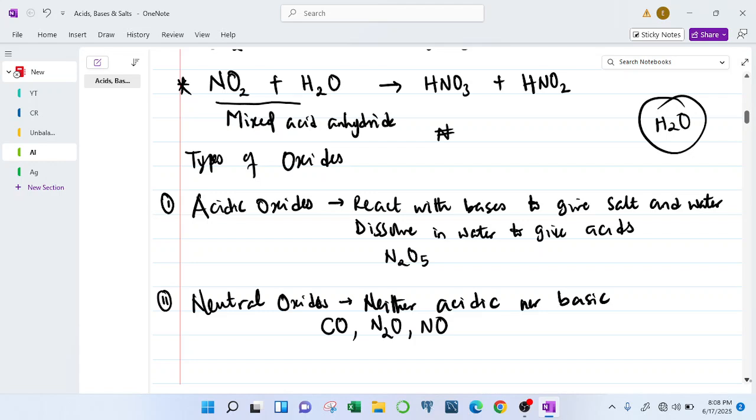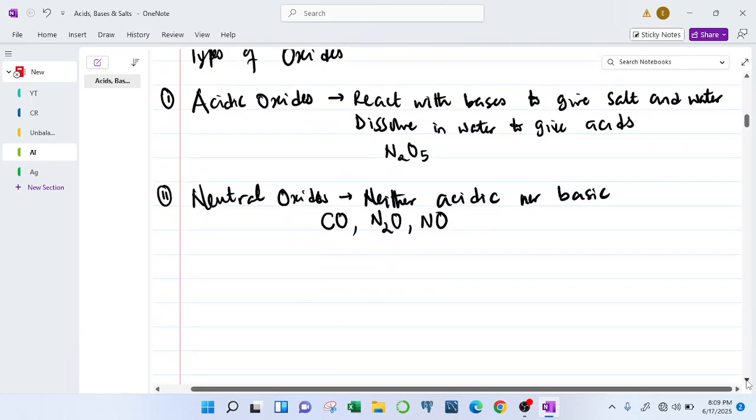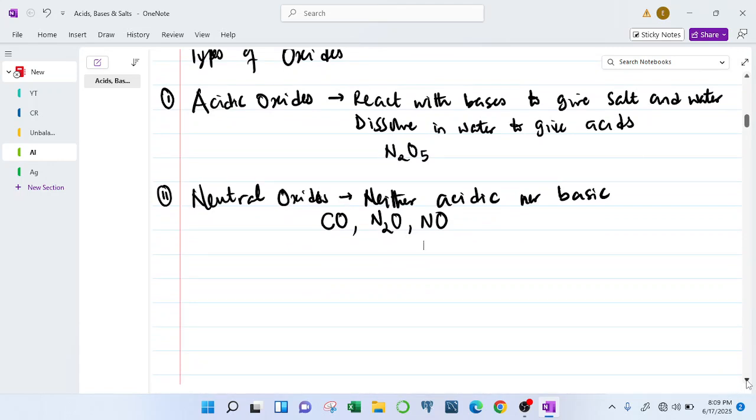Carbon dioxide is an acidic oxide. But carbon monoxide, dinitrogen oxide, and nitrogen oxide are all neutral oxides. But you can see what they have in common. They are all oxides, that means non-metals combining with oxygen. They are all non-metallic oxides. So whether acidic or neutral, they are going to be non-metallic oxides.